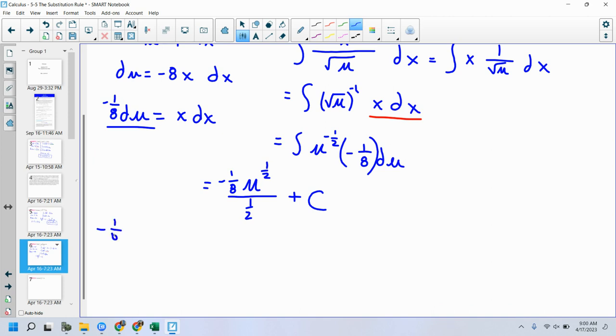Let's reduce that. -1/8 divided by 1/2 is multiplied by 2. So cross simplify, there's a 1 and a 4. So -1/4. So that's equivalent to -1/4 u to the 1/2 plus c.